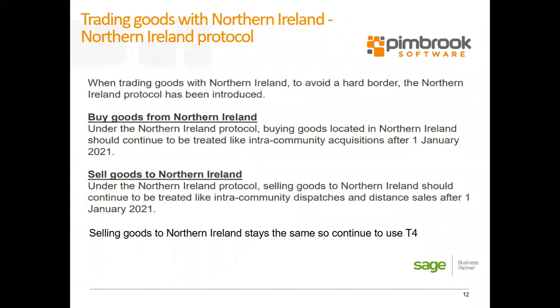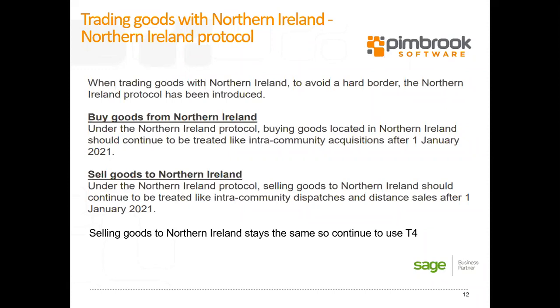Now, the Northern Ireland Protocol, it's a little bit different when you're trading with Northern Ireland. If you're trading goods with Northern Ireland from January 2021, it should still continue to be treated as EU intra-EU acquisition.